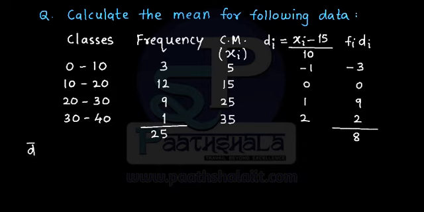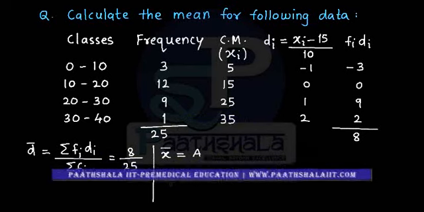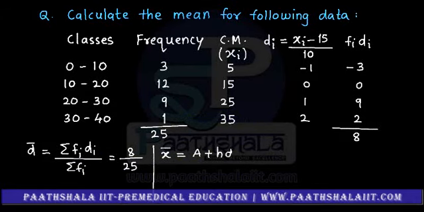Now d bar is nothing but summation of fi di divided by summation of fi, so that stands for 8 upon 25. Let's keep it. Finally we have the formula of x bar as A plus h d bar.